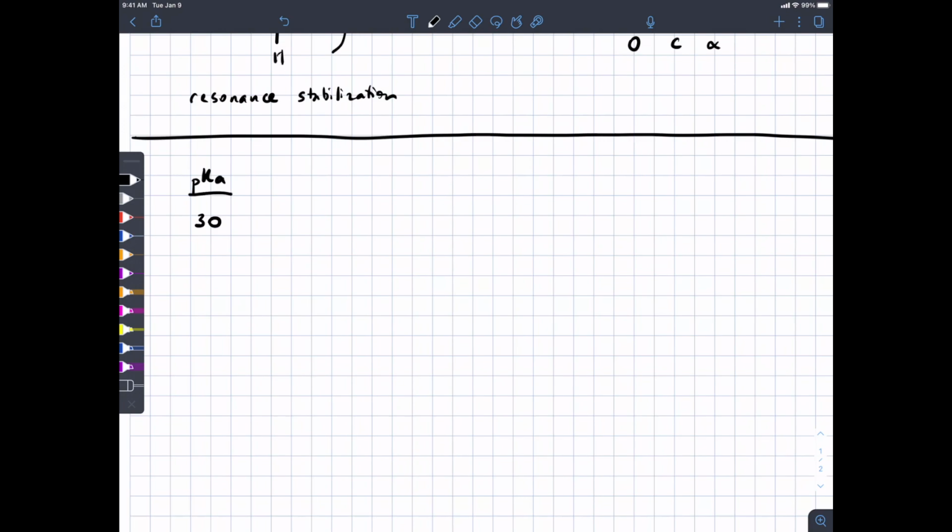So the first, let's see. Our first carbonyl compound is going to be the amide. And we'll be considering the acidity of this alpha proton.